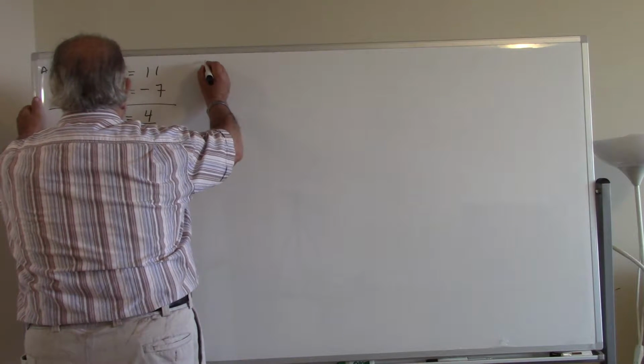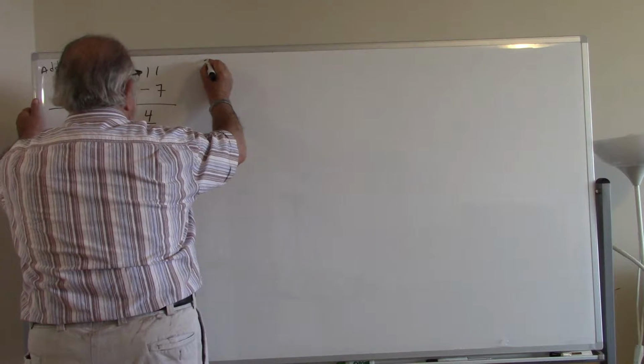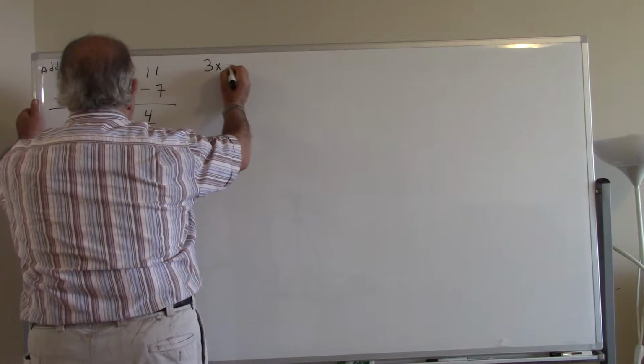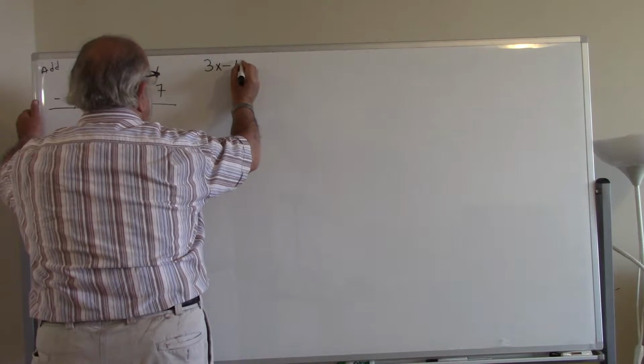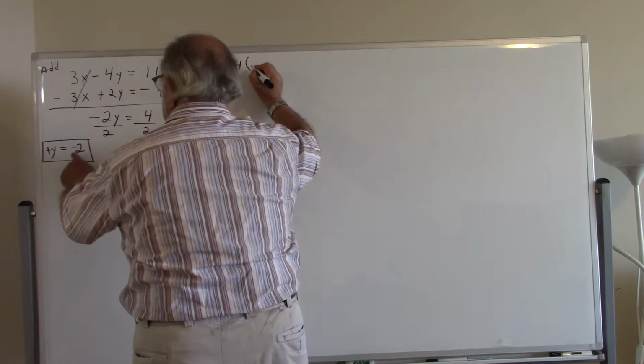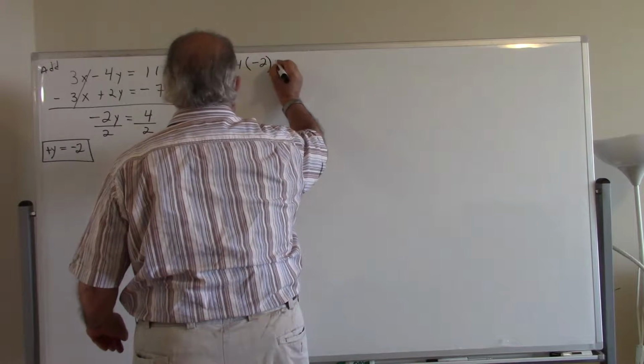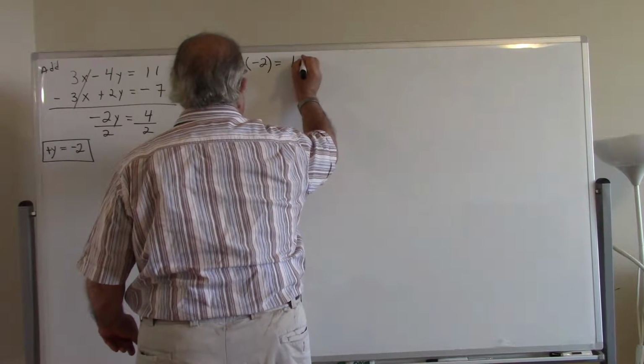Now, let's just solve for x. 3x minus 4, and y is a minus 2, equals 11.